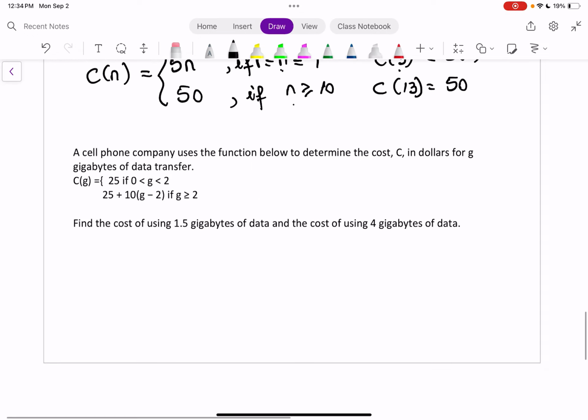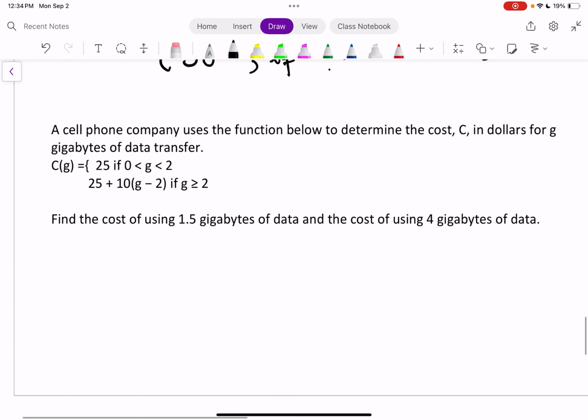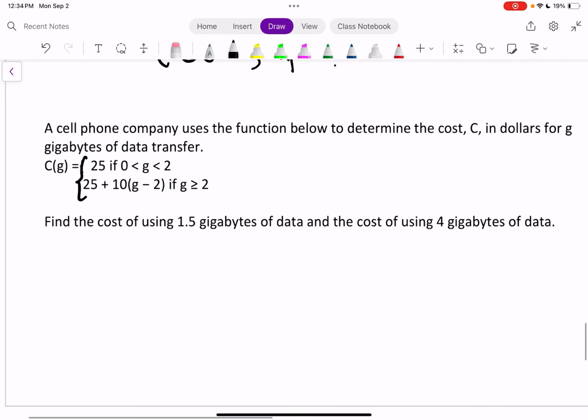Here it is. A cell phone company uses the function below to determine the cost in dollars for G gigabytes of data transfer. So if the number of gigabytes is between 0 and 2, you pay a flat fee of $25. That's what that means. Okay.